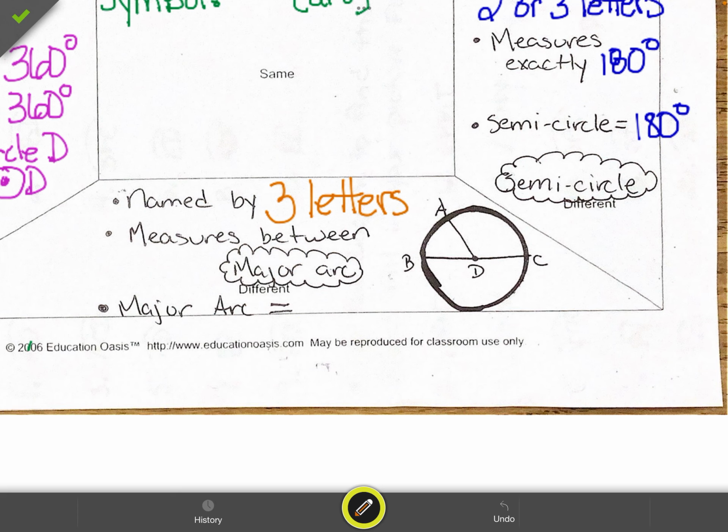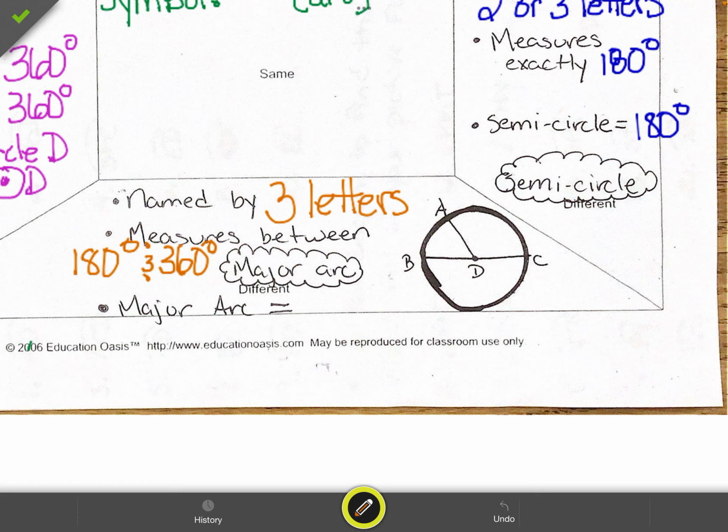Now, a major arc has to measure between 180 and 360 degrees. It has to be bigger than 180 and less than 360. So it's bigger than a semicircle. It's bigger than half of a circle, but it's smaller than your entire circle.